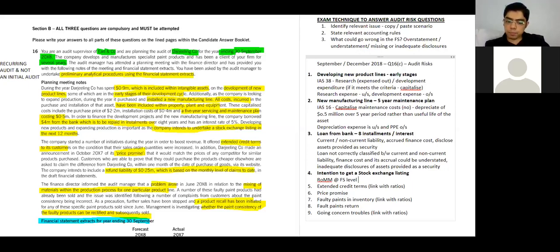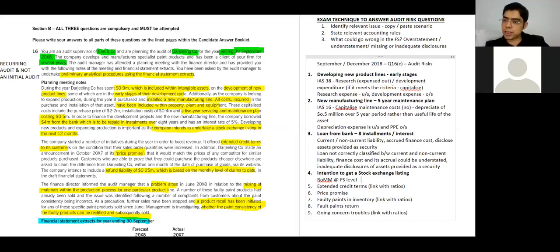Why? Because they're in the process of getting, or they have the intention to get their company listed on the stock exchange. So when they offer their shares to the public, the better the financial position reflected from the financial statements, the better price they would be able to fetch. So this represents ROMM at FS level.